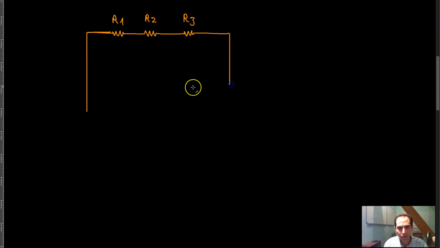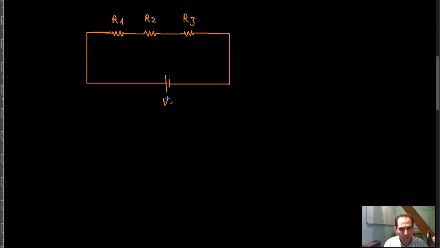The example that we have is a series circuit consisting of 3 resistors. So you have one resistor here, R1, R2, R3, positive, negative, and you have this circuit over here, right?